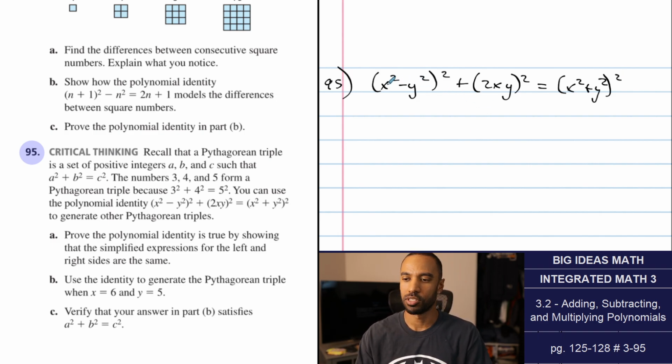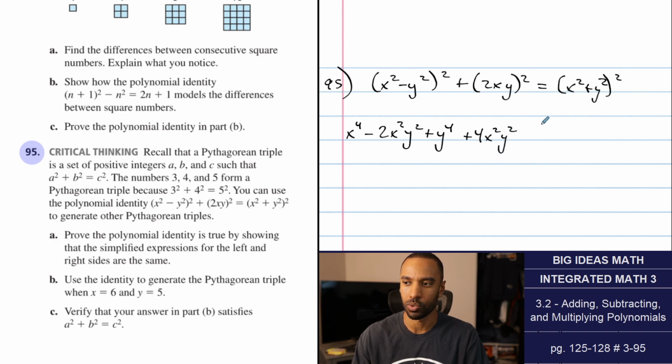All right, let's go and simplify this. (x squared minus y squared) squared expands to x to the fourth minus 2x squared y squared plus y to the fourth. (2xy) quantity squared is positive 4x squared y squared. (x squared plus y squared) quantity squared is x to the fourth plus 2x squared y squared plus y to the fourth.